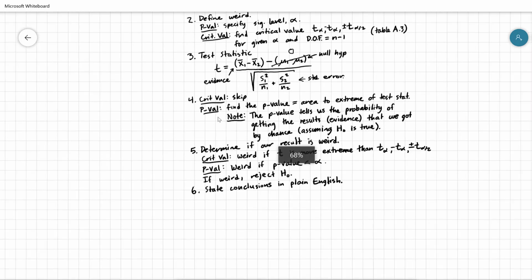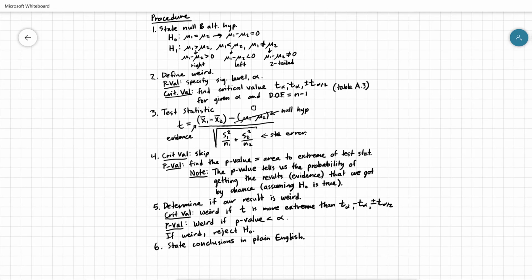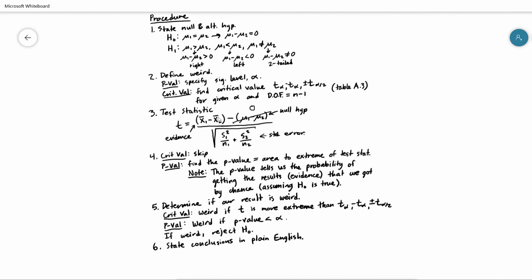So here are our steps all in one place. It's the same 6 steps that we've been doing. The major differences are we kind of had to set up the null and alternate hypothesis a little bit differently now, but they're actually easier to determine in this case than they are in the problems from chapter 9. So again, this is the first section from chapter 11.